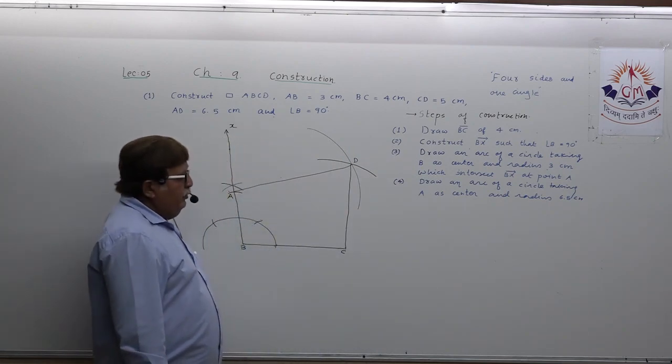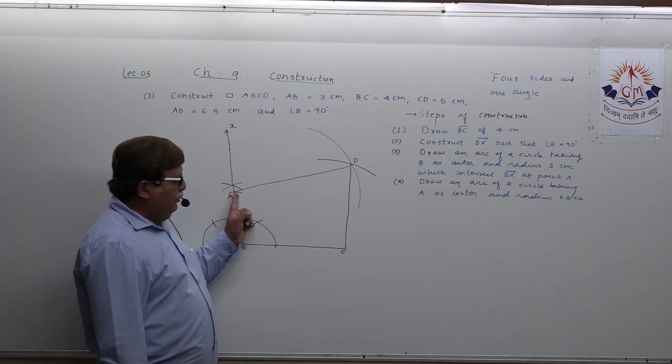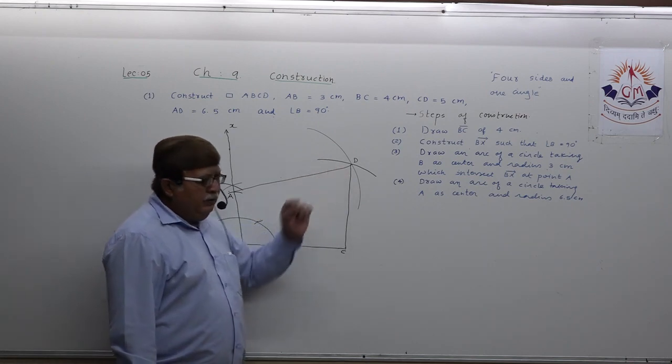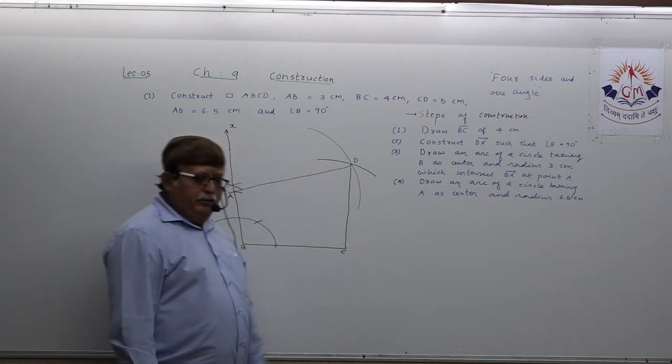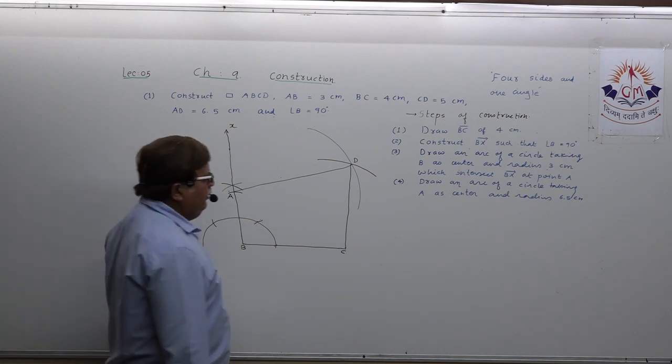You understood this step? We have centered compass at point A, taken radius of 6.5 centimeter and drawn an arc. Is it clear in your mind?